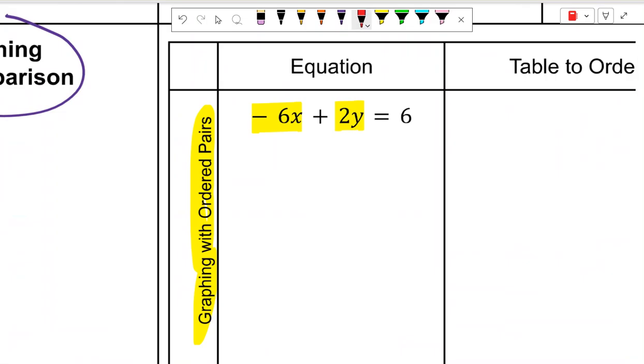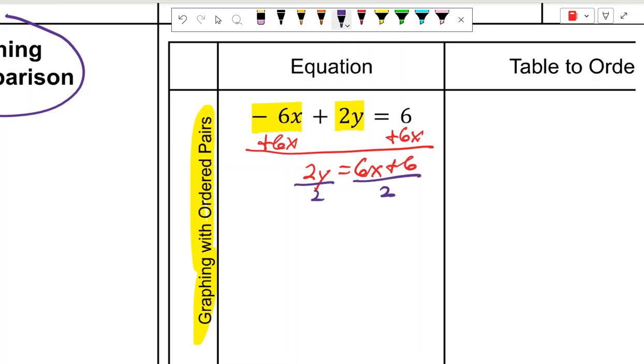By removing the x term, we're going to add a positive x, that's inverse operations, and then do the property of equality and do it to the other side. We're going to get 2y is equal to 6x plus 6. We will divide both sides by 2, and y is equal to 3x plus 3. And that is slope-intercept form.